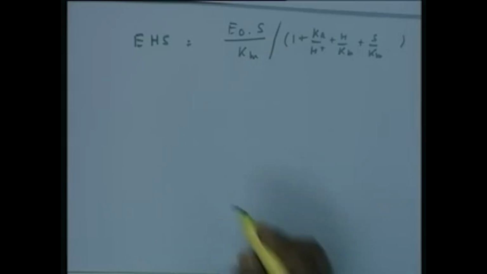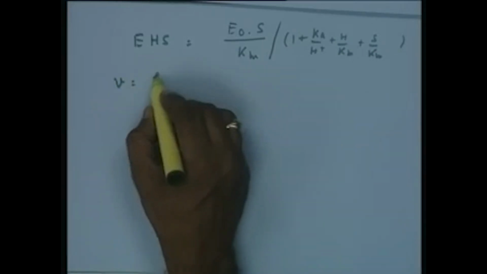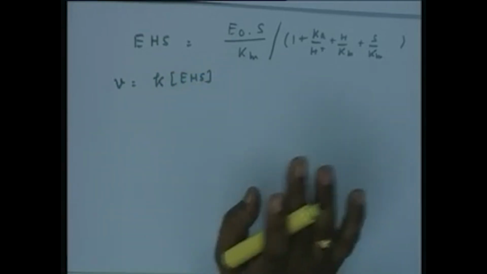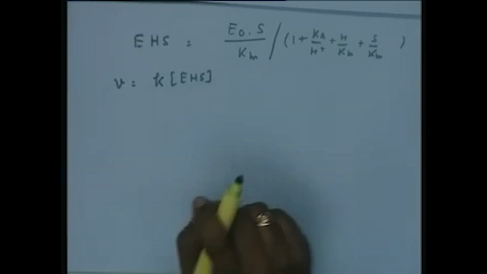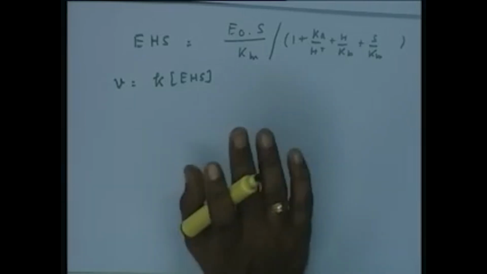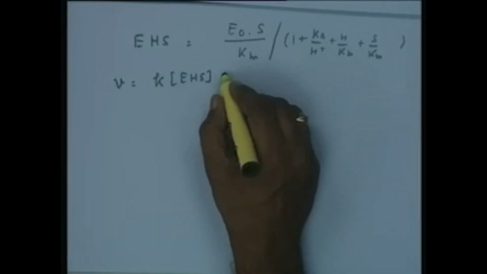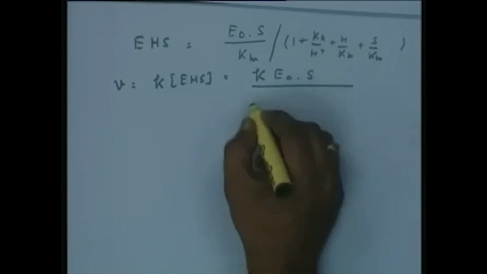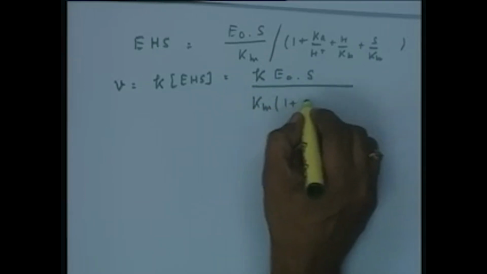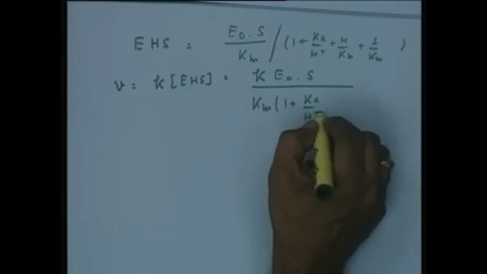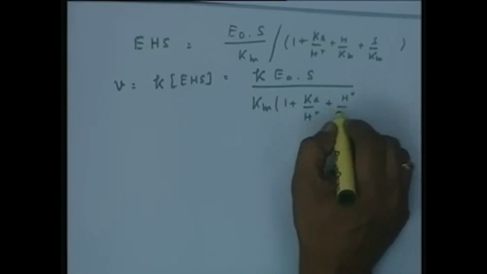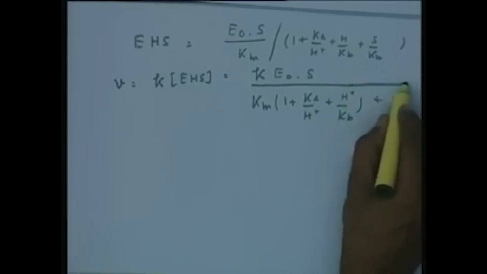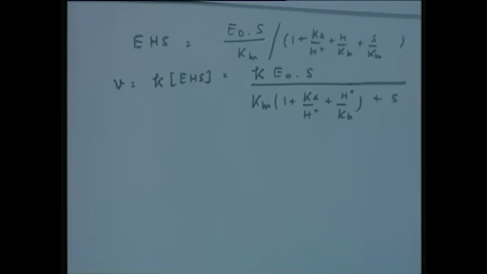Or your reaction velocity will be equal to k into EHS, that is the concentration of your enzyme substrate complex, which is bound to the doubly ionized enzyme complex, that is k into E naught into S upon Km, divided by 1 plus Ka upon H plus H upon Kb plus S upon Km.